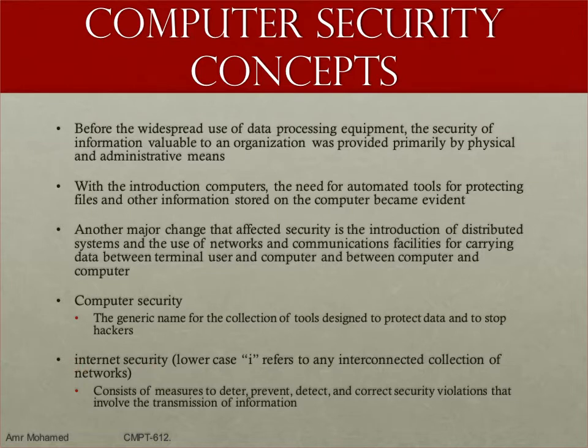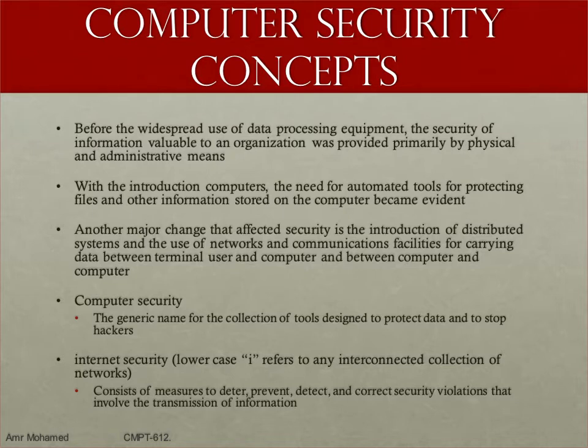Internet security or network security talks about how to secure data and systems while the information is being transmitted. Okay, so when it comes to internet here with lowercase i, it means interconnection of WANs and LANs in general, which could be private network, public network, whatever.